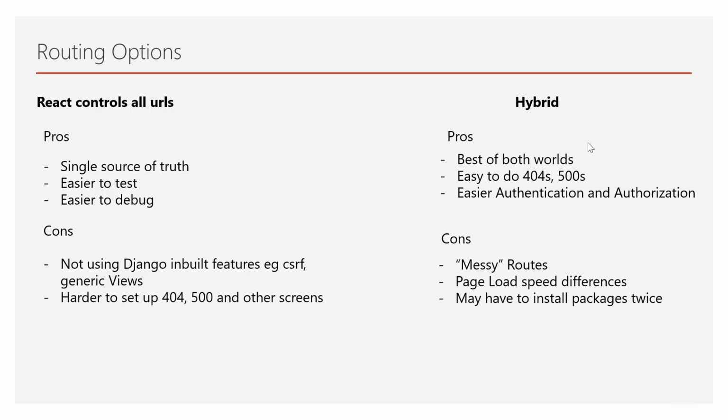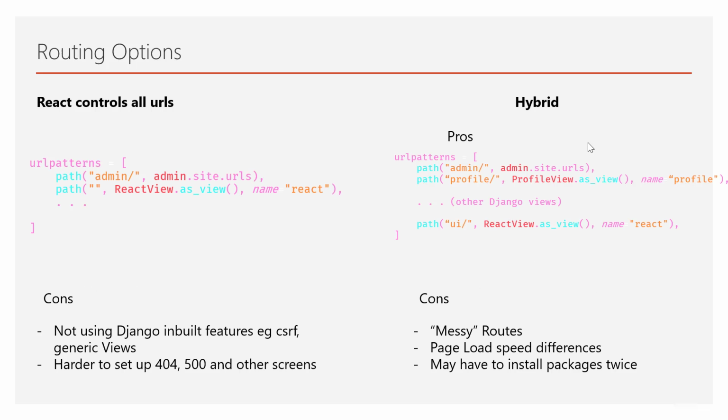For example, although this is not the case, if you're using a styling framework, let's say Sass or something else, you may find that you have to install that in React and also install that in Django. Then you are tracking two different sets of packages and how they can integrate well across two different domains, which is hard.